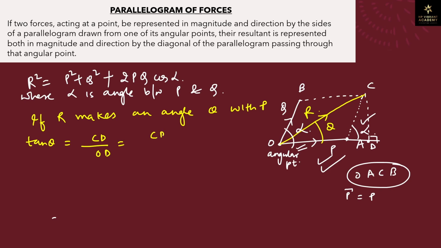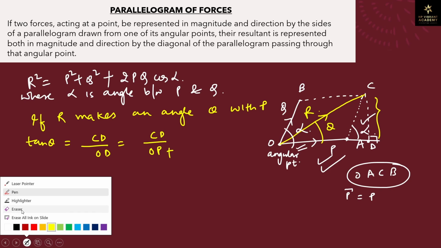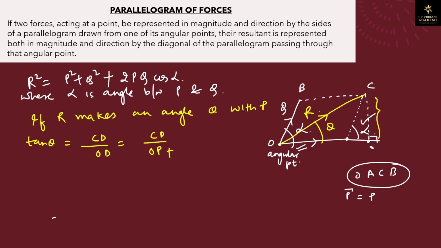OD is equal to OA plus AD. This is A and this is D. So the whole length OD is equal to OA plus AD.